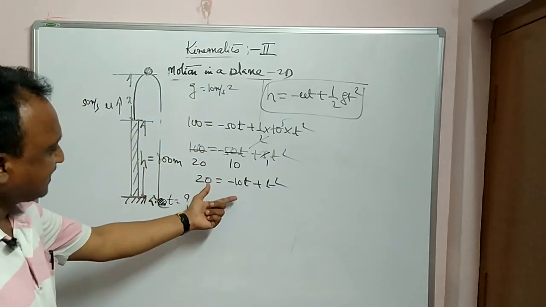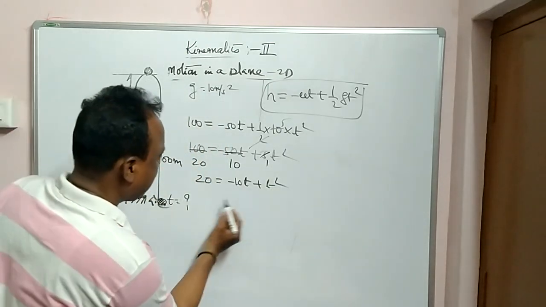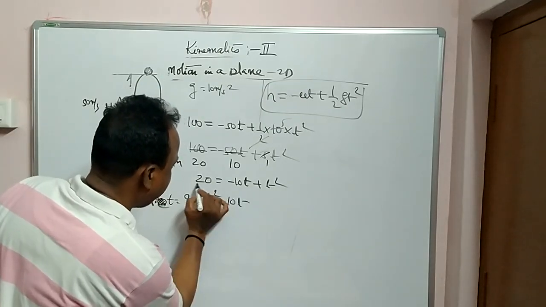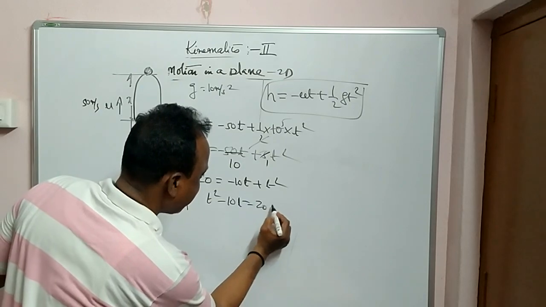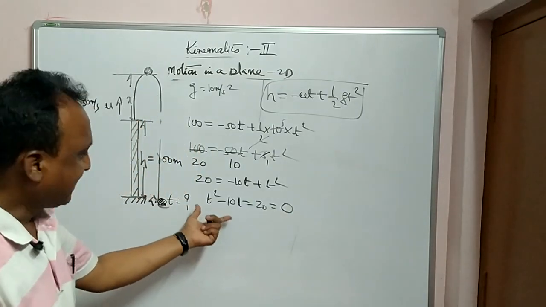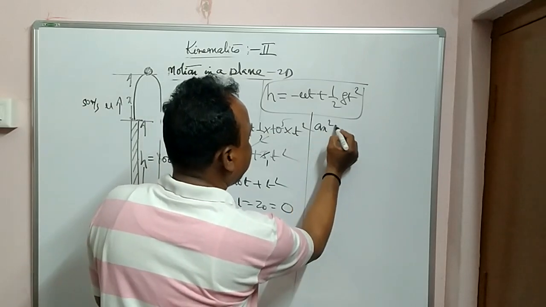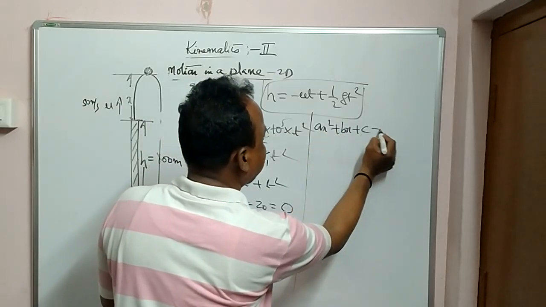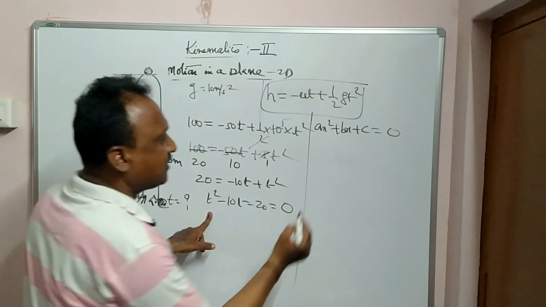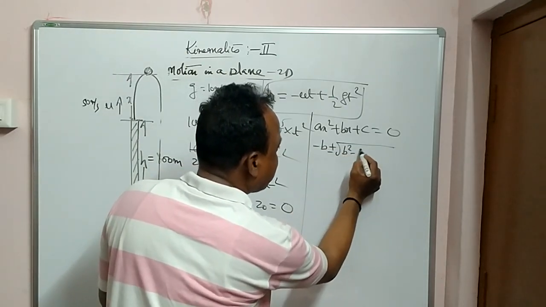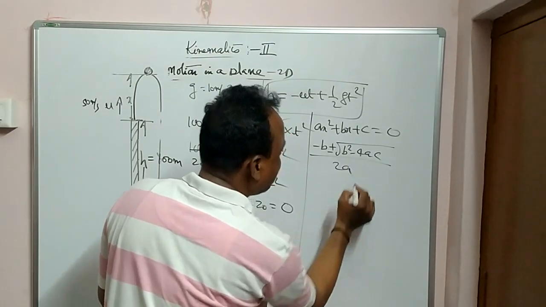If you observe carefully, this is a quadratic equation, that is t square minus 10t, taking this to the right side, minus 20 is equal to 0. It is in the form of ax square plus bx plus c is equal to 0, a quadratic equation whose roots are minus b plus minus root over b square minus 4ac by 2a.